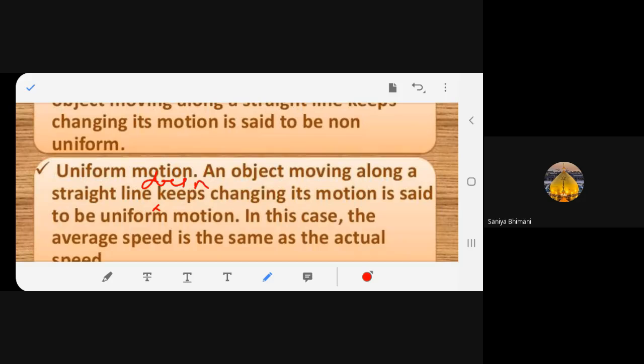Does not keep changing its motion is said to be in uniform motion. So it remains the same. Whereas in non-uniform motion, it keeps changing its motion. Any problem? There was some error over here that we have rectified.